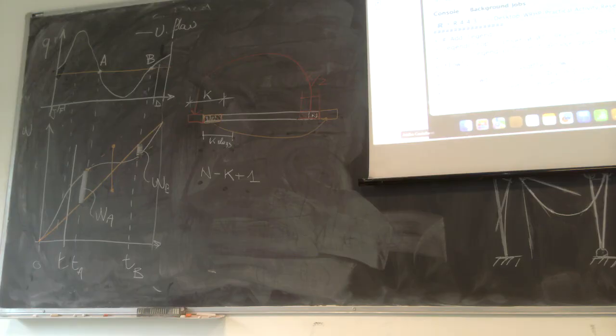How many hours do we have in one day? 24. How many seconds we have in one day? 3,600. So 24 times 3,600 is the number of seconds in one day. With this multiplication, we obtain cubic meters. Then we divide it by 1 million, so that we store a mass curve in million of cubic meters.